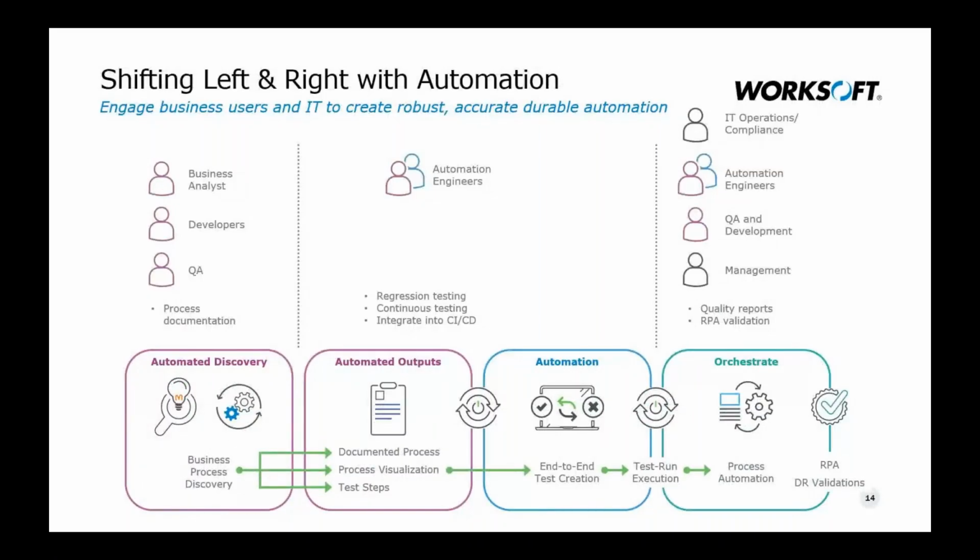Once we have discovered the processes, we want to feed the outputs, the end-to-end business processes that we've captured from the users and built into automation artifacts, and be able to trigger them in response to whatever change occurs as part of the process release cycle.